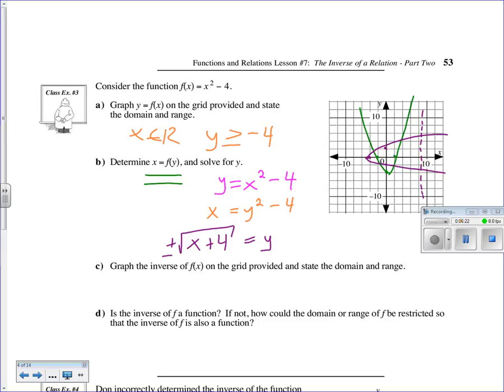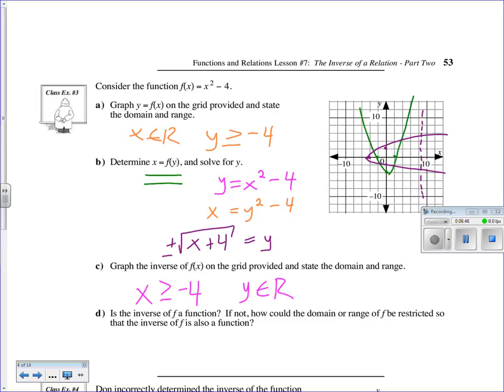And when I graph the inverse, I really should be flipping the domain and the range. So the domain and the range get flipped. So my x should be greater than or equal to negative 4, and my y should be an element of the reals. The inverse is not a function.